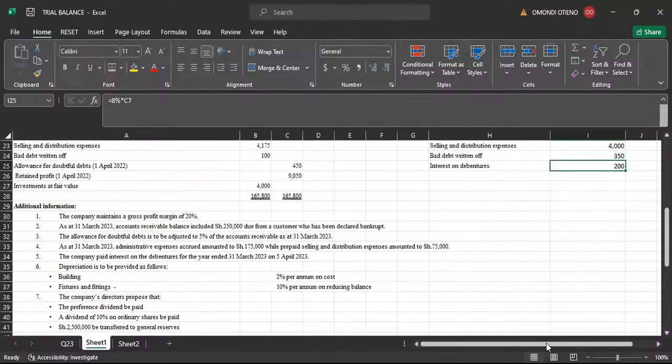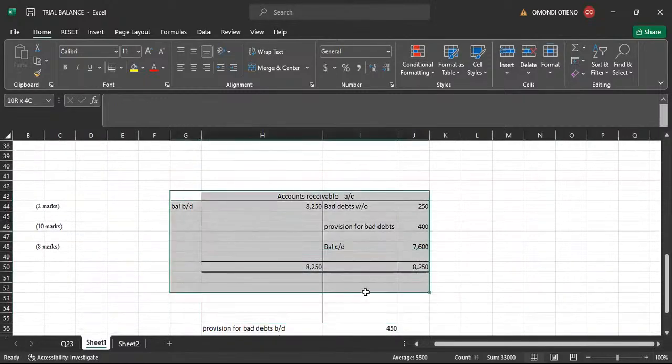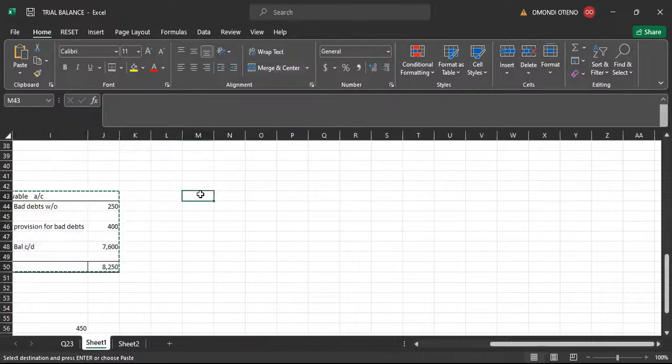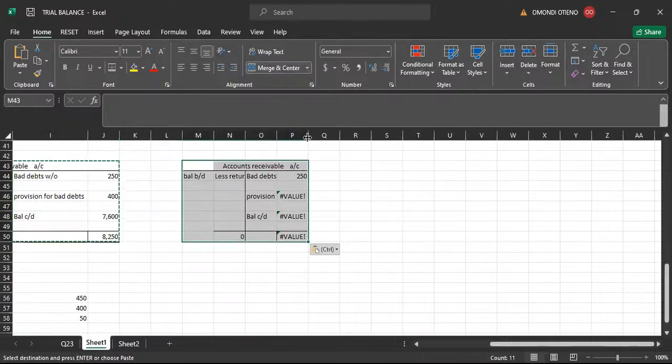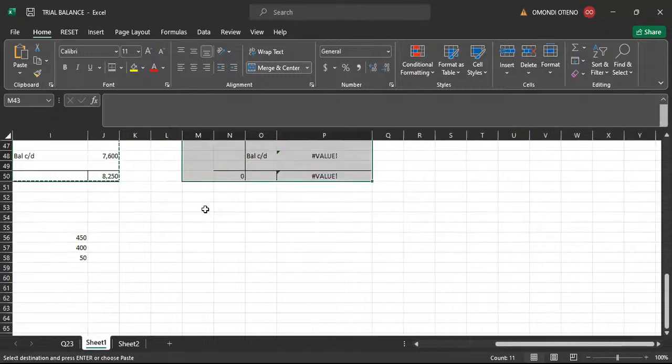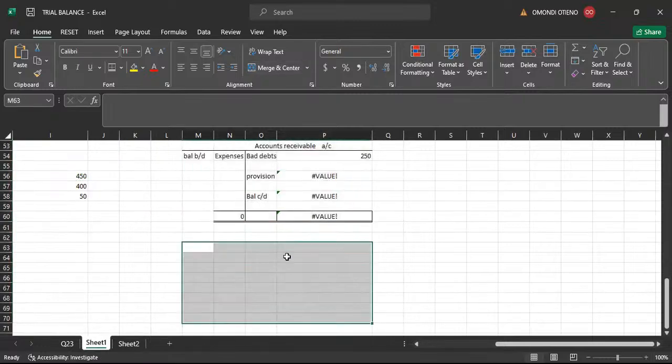So those who were here yesterday, they are also able to see how we deal with the depreciation. So let me just pick this one here. It will be our reference point. I come here. I have all of them. Let me just bring all of them down here.